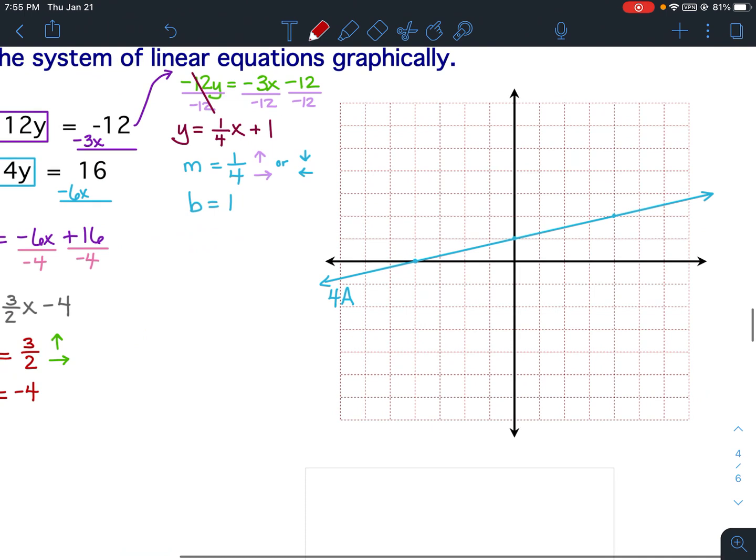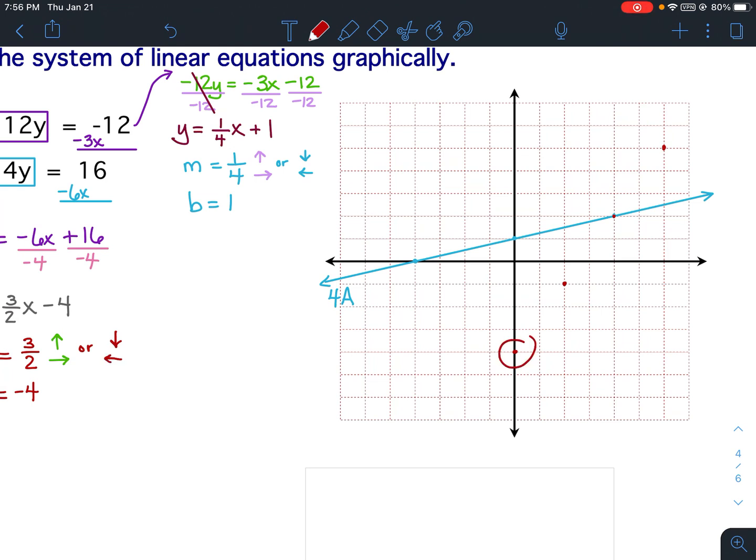Okay, so let's start at -4. So what I did there is I went down 4. Put a point. My slope is up 3 to the right 2. Up 3 to the right 2. Since I've gone up and to the right as far as I can, I now will go down 3 and to the left 2.